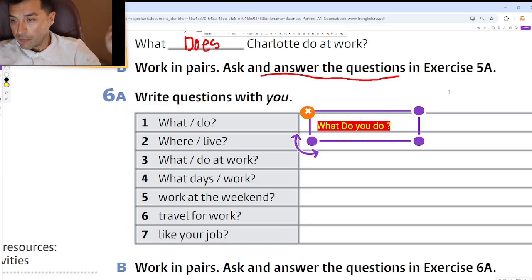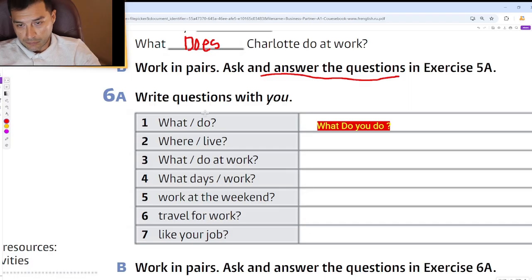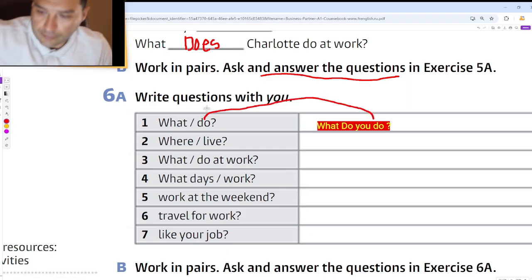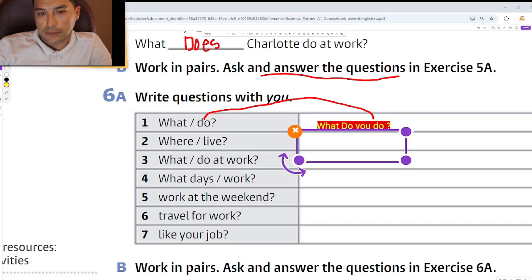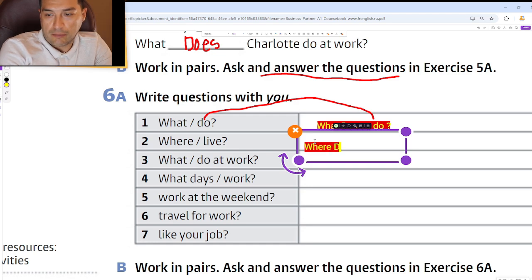The verb is right here. Where, the verb is live. Where, they gave us the information. Where do you live? That's what you need. Do you?